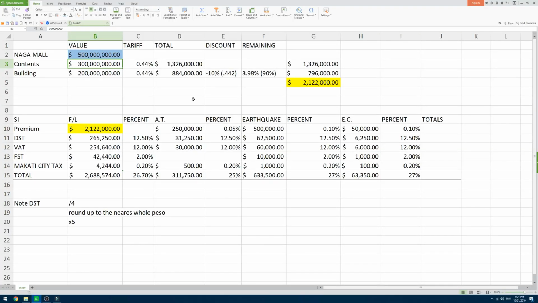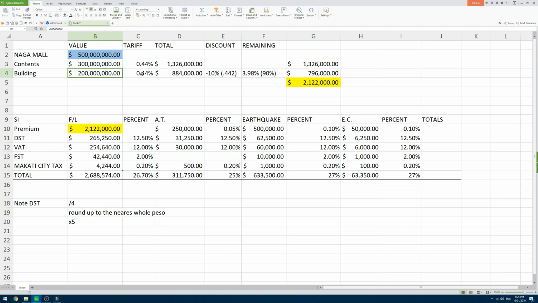Okay. So, the owner says, you said you would give me a discount of 10%. Because he's the owner, the insurer can give a 10% discount, but only to the building, not the contents. That's why we separated the contents and the building. So for the contents, 0.442%, multiply it by 300 million to get 1,326,000.